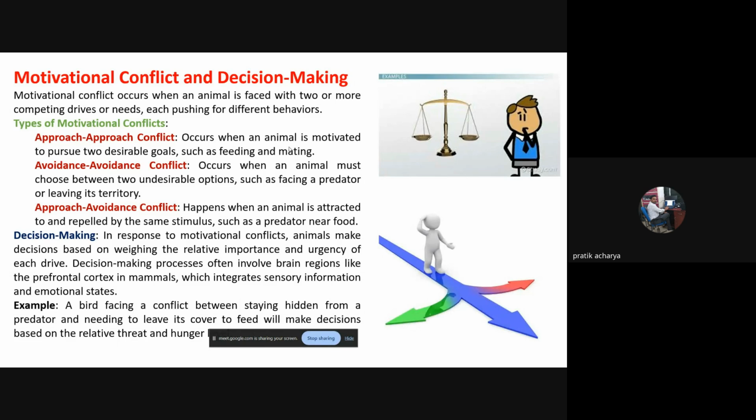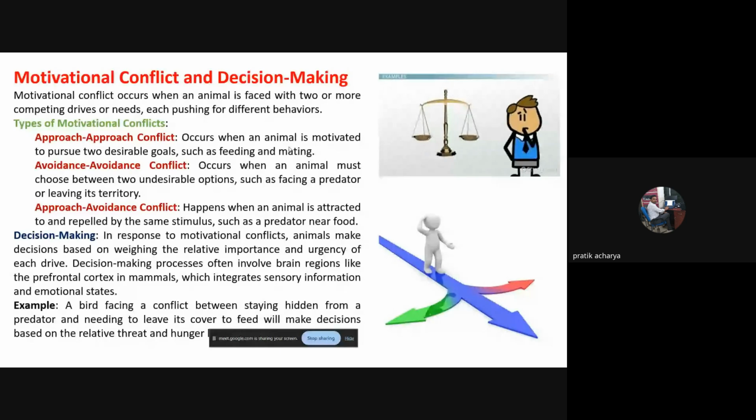The organism has to first interpret what kind of problem this is, then decide the importance of this conflict. The decision making process often involves brain regions like the prefrontal cortex in mammals, which integrates sensory information and emotional states.